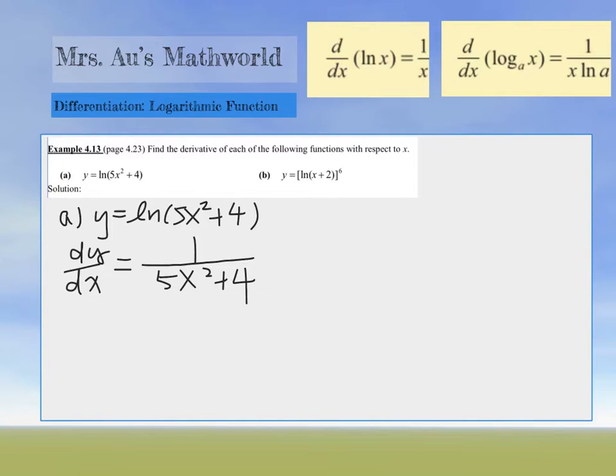So this is step 1. And step 2 is we will differentiate with respect to x. Let me write down the detailed steps for you.